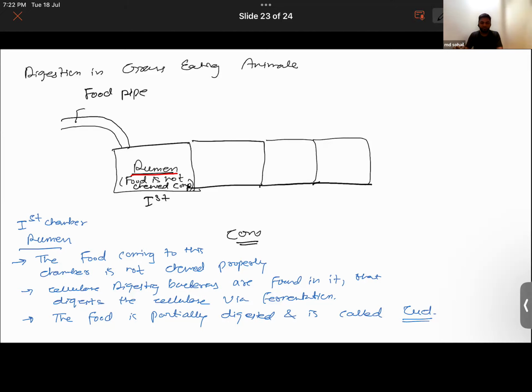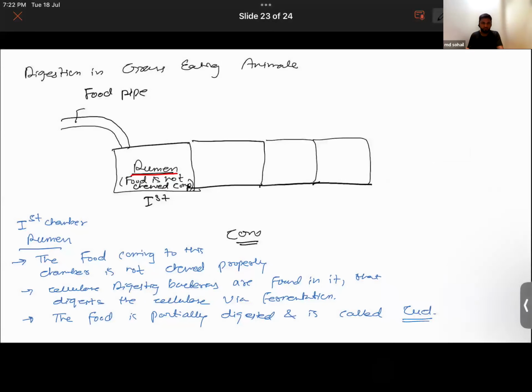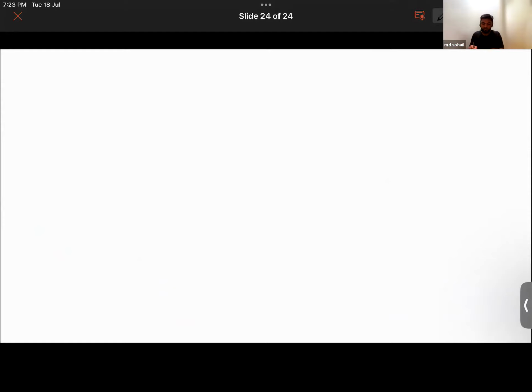So this process is called rumination. What do we call it? Rumination. And the animals which do this process are called ruminants. Let's talk about this one.